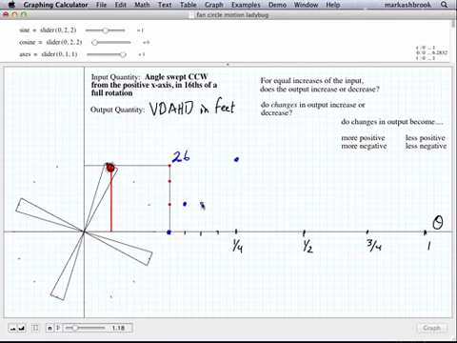But then the next change is a little bit less. And then the next change is less even still. So we have an increasing quantity, vertical distance is increasing, but the rate is doing what? Decreasing because the changes decrease.